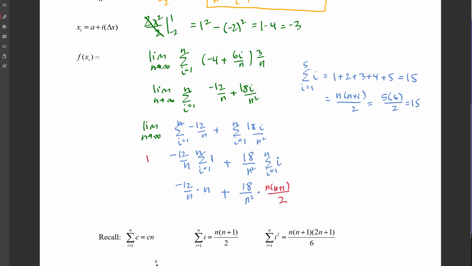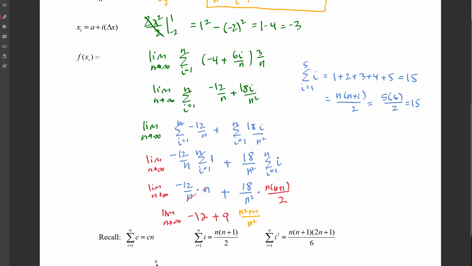All right, now remember, this is a limit problem. Right here, the n's cancel out, so what I get is the limit as n goes to infinity of -12 plus 18 divided by 2 is 9, okay? And then what I have here is n squared plus n over n squared, okay?